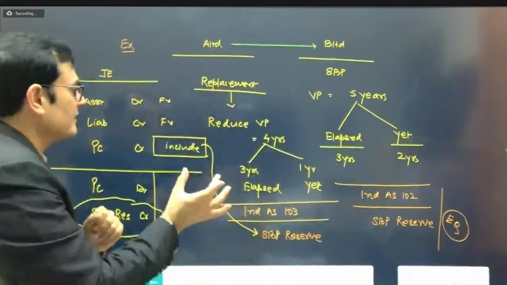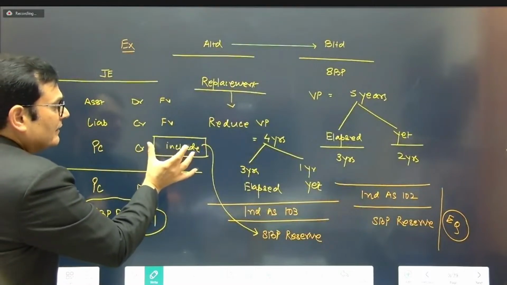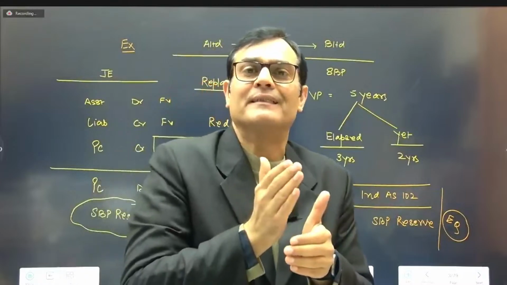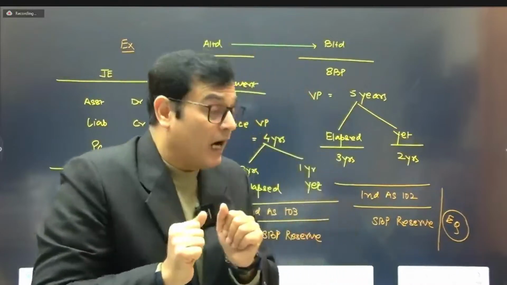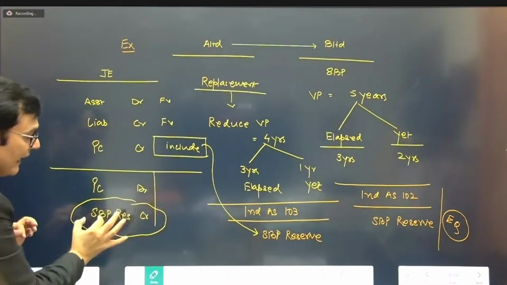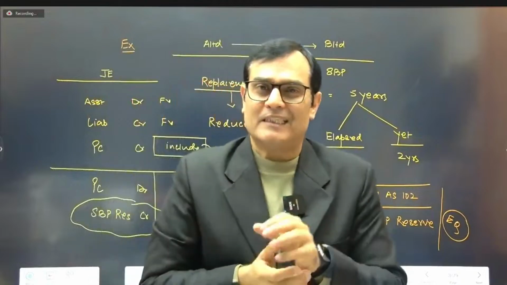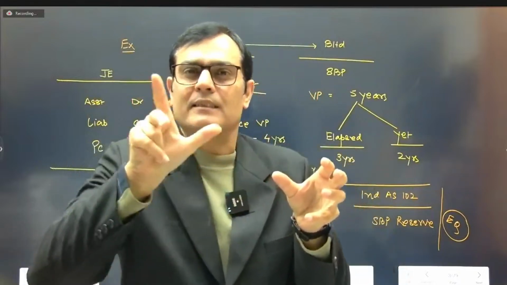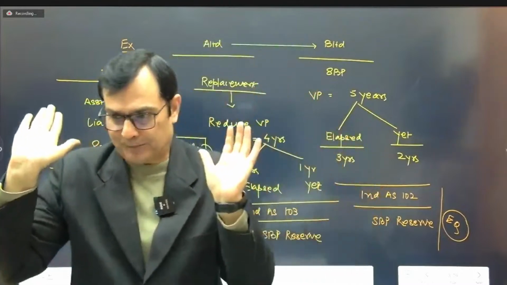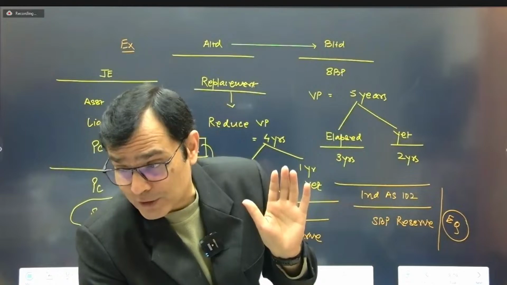So the moment you take this SBP reserve as a part of the PC, your PC increases and the representative goodwill or a capital reserve will come in the entry. And then, after this entry, the purchase consideration will be given a debit and the SBP reserve will be given a credit. So that is how the SBP reserve will get created in the books of A for the portion of 3 years already elapsed. I guess, friends, I am pretty much clear on the logic so far.